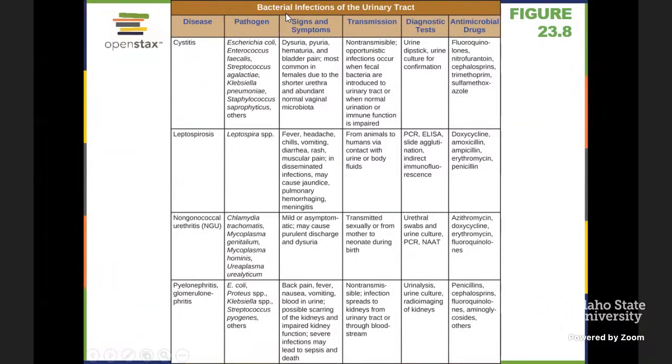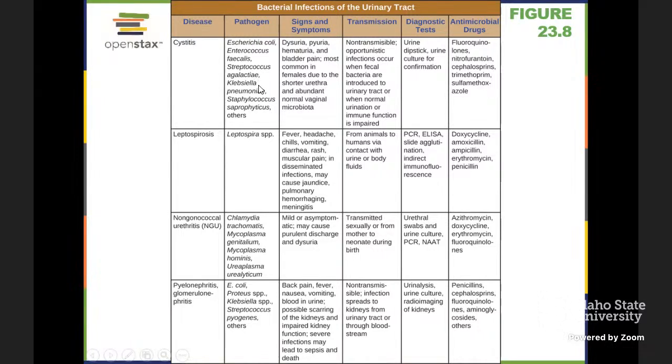So for some bacterial infections of the urinary tract, there are numerous players that can set the stage for issues. And like I said, in some instances, we might think of our own normal flora lending to some of these issues. Cystitis, handfuls of bacteria, E. coli at the top of the list, Enterococcus faecalis, Streptococcus agalactiae, which I believe is the culprit for the puerperal or childbed fever.